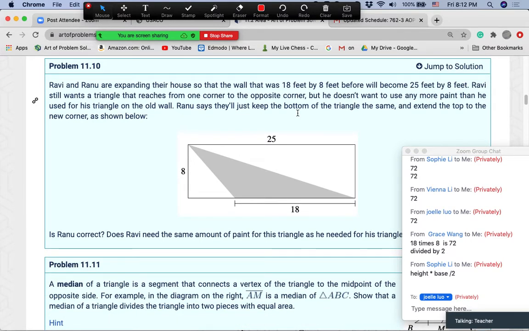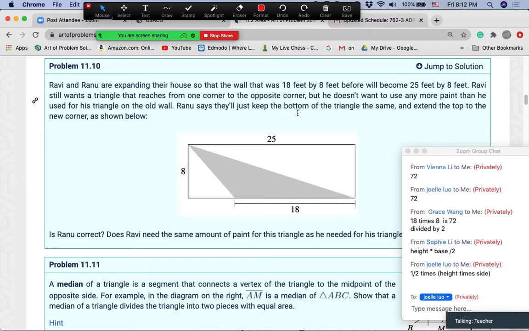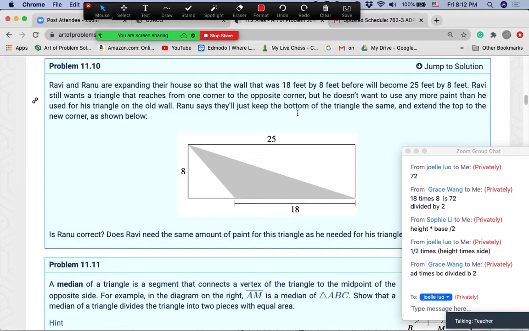Ravi and Ranu are expanding their house so that the wall that was 18 feet by 8 feet before will become 20 feet by 8 feet.